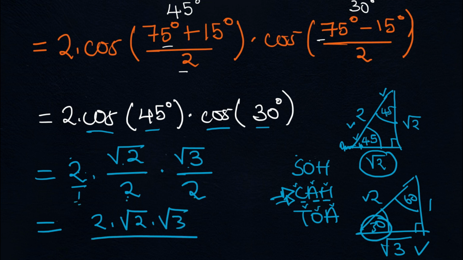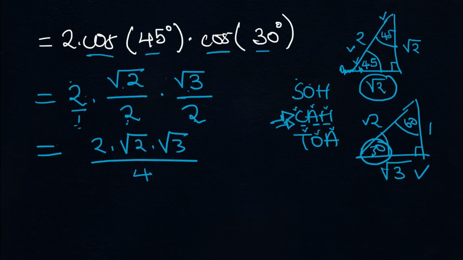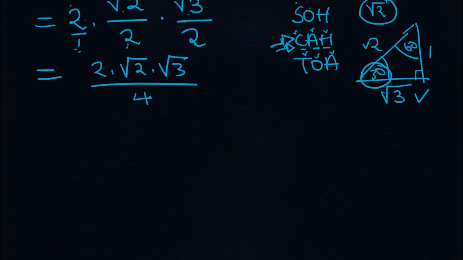1 multiplied by 2 is 2. 2 multiplied by 2 is going to give us 4. And to simplify this further, here we are going to have a common factor. Let me just write 2 multiplied by 2, so that this 2 will cancel this 2, and then in the denominator we are left with 2.